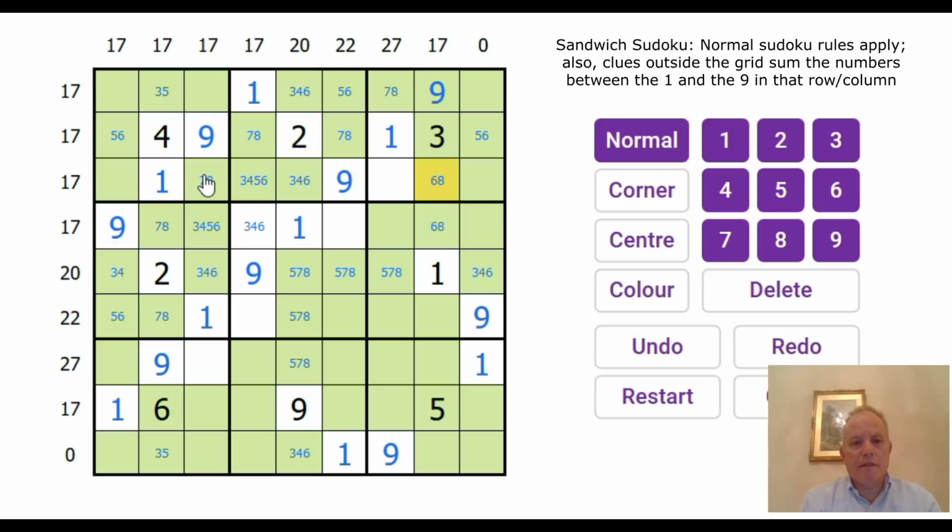If this was an 8, this would be a 7. That would be 6 and 4. 5, 3, 6 there, 5. That's not a chain that leads to anything, I don't think. Right, so I'm saying if this was an 8, okay, I'll try it this way around. Let's start with this being an 8.